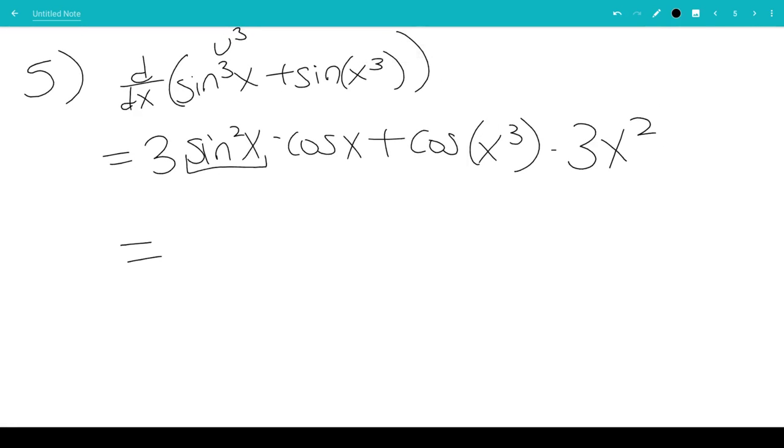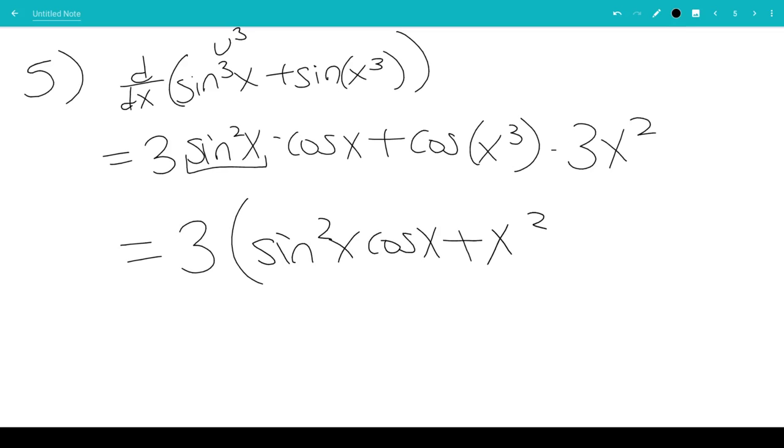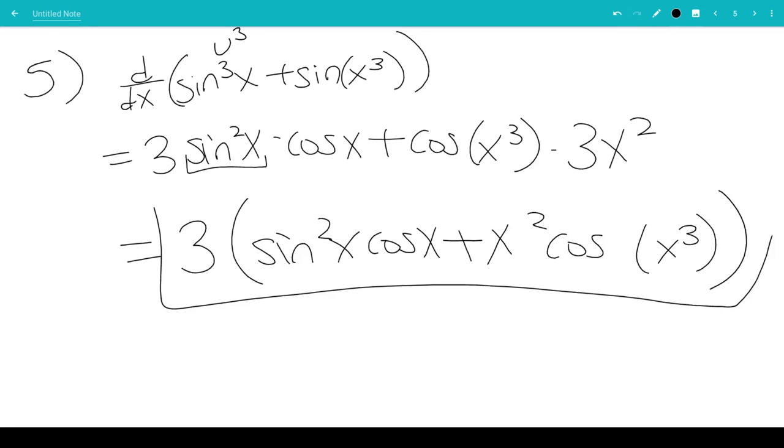So we can factor out a 3, so we get 3 sine squared x cosine x plus x squared cosine x cubed. So that would be the answer to that derivative.